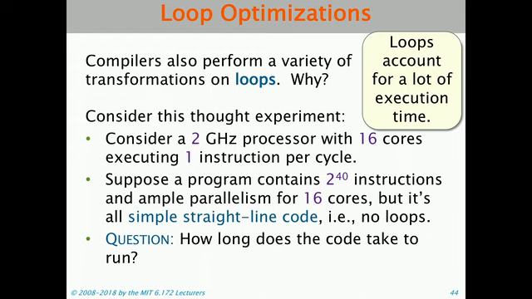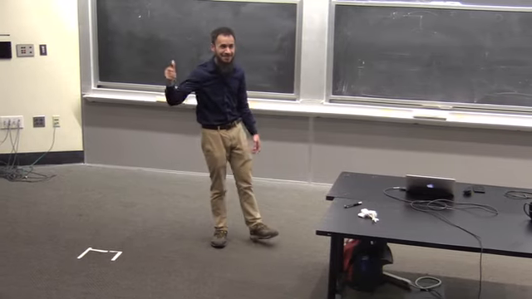There are no branches, there are no loops, there are no complicated operations like I/O. It's just a bunch of really simple straight line code. Each instruction takes a cycle to execute. The processor executes 1 instruction per cycle. How long does it take to run this code? To execute the entire terabyte binary.